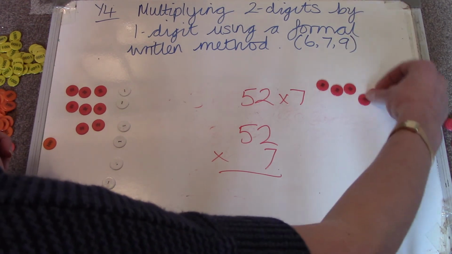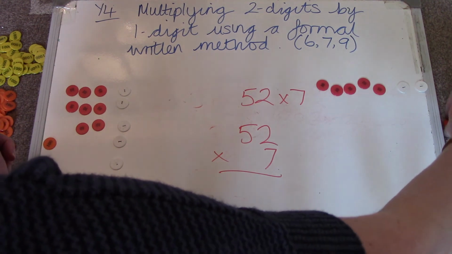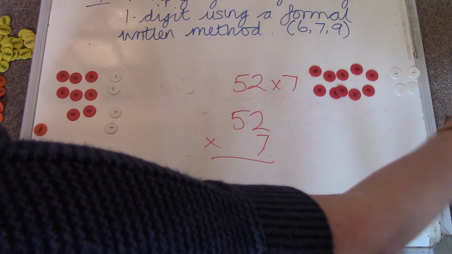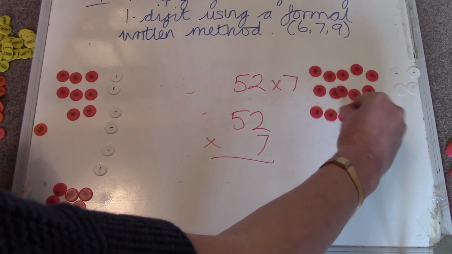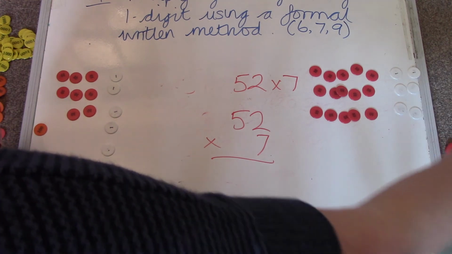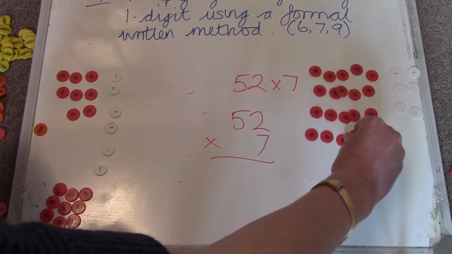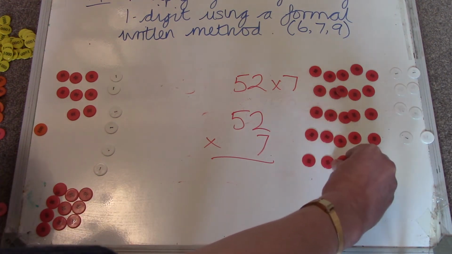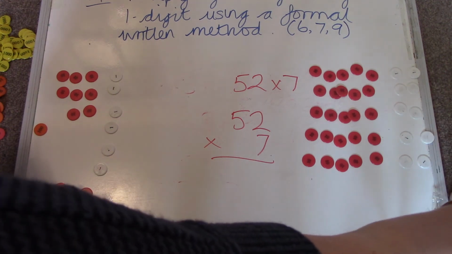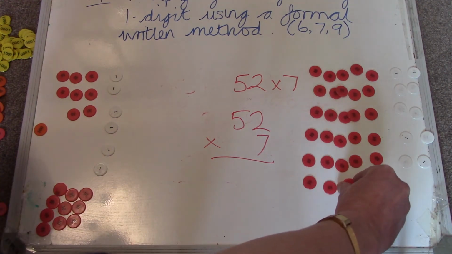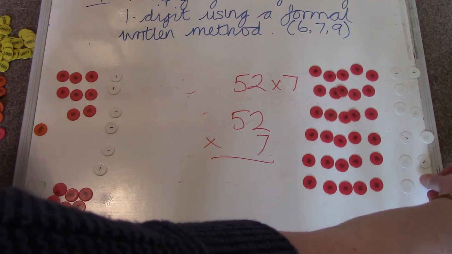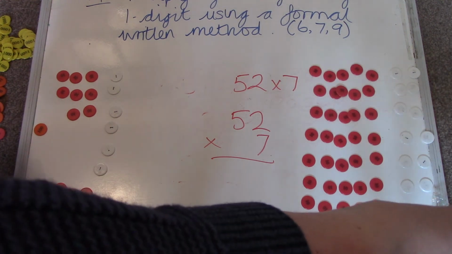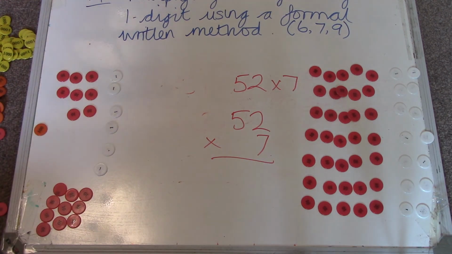Apologies for this being so slow. 52, we've got it 1 time, 2 times, 3 times, 4 times, 5 times, 6 times, and we've got it 7 times. So we've got 52 7 times.